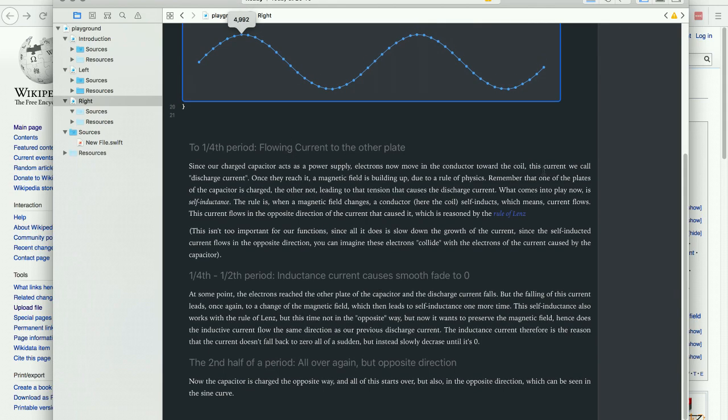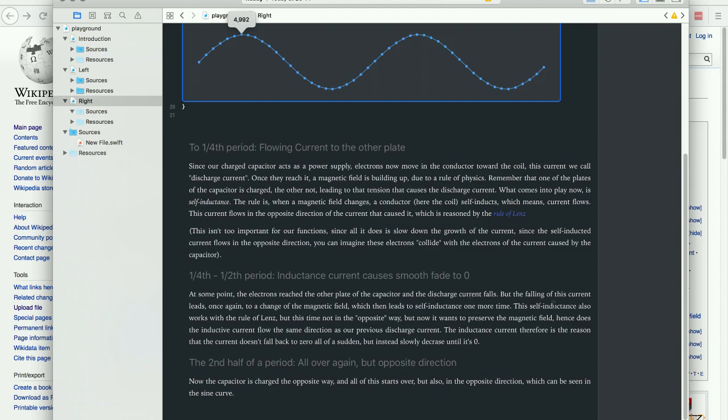Well, there is a new tension, but not the same tension, so the discharge current just falls. But that falling of the current leads, once again, to a change of the magnetic field. Since the electrons started to flow, that is what led to the magnetic field and to the self-inductance. Now it stops flowing, which is also a change in the magnetic field, which then leads to self-inductance one more time.